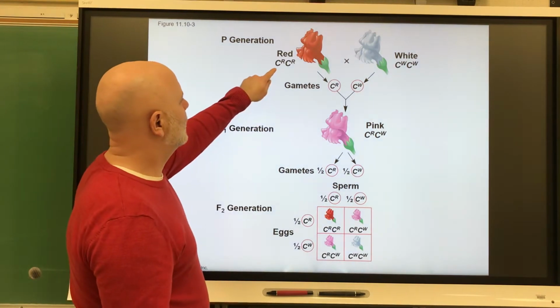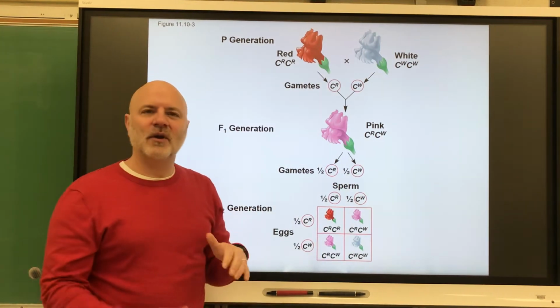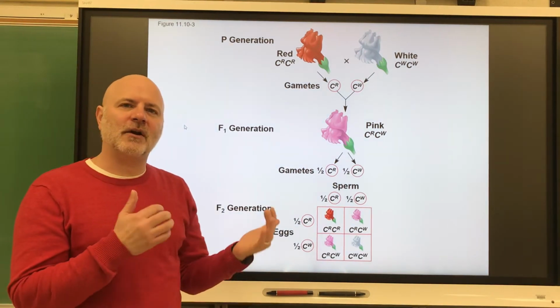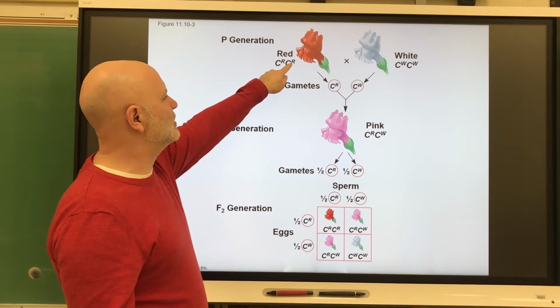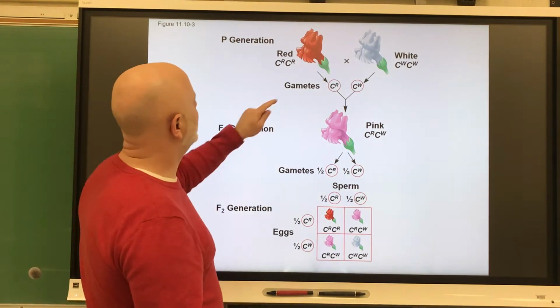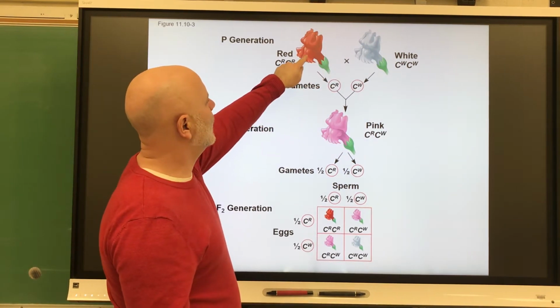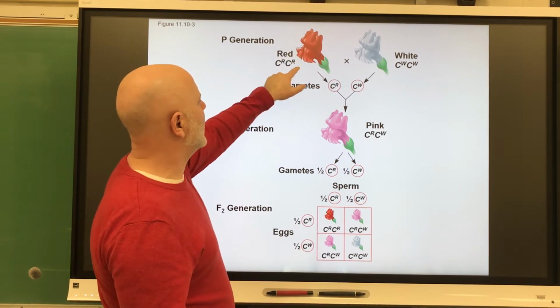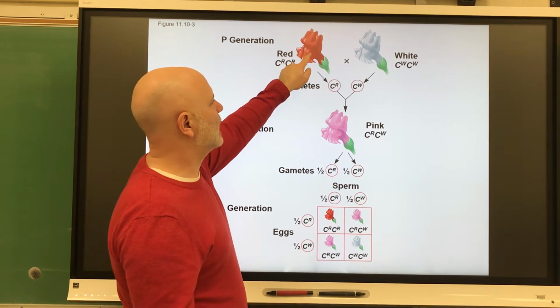Here, you can see how we do this a little differently than before. We don't use a capital letter and a lowercase letter. We use a capital letter, and then we use that trait in the superscript. So here, this is the color, and since this is red, we call it the red color. This individual has two alleles for red color.